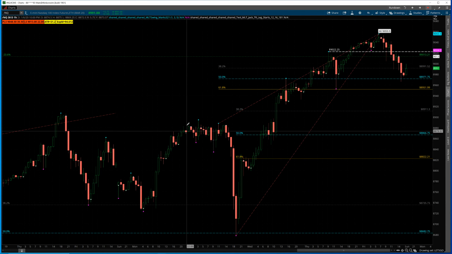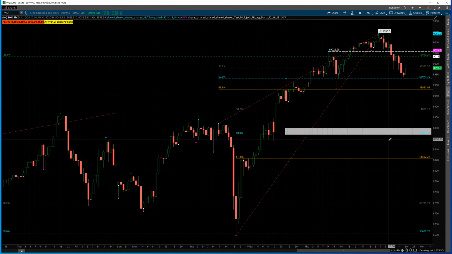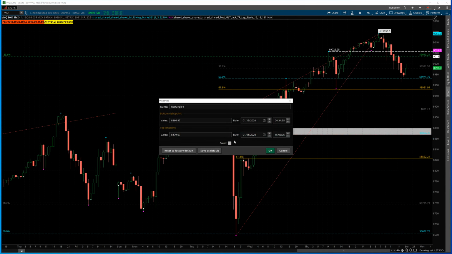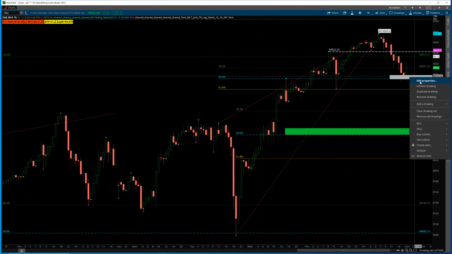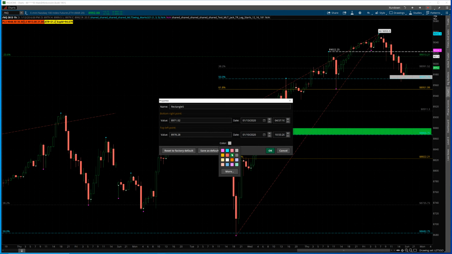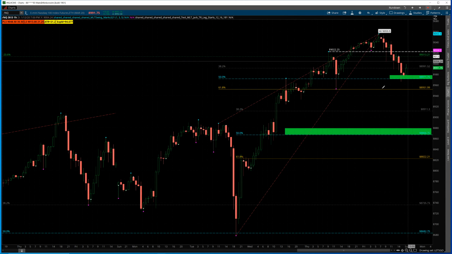That is going to be a better setup if we pull back into this level than this extension, which is right now at the top of the range. This extension was a fine trade. It just traded right at the end of the day, which made it a little hard to hold.